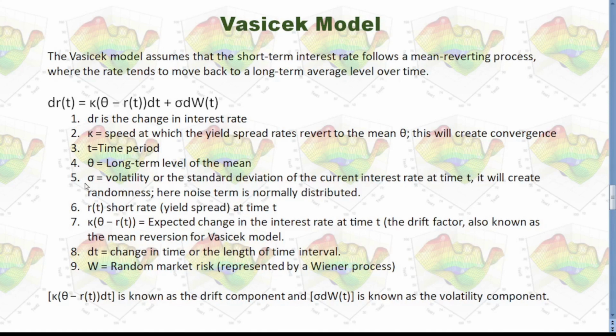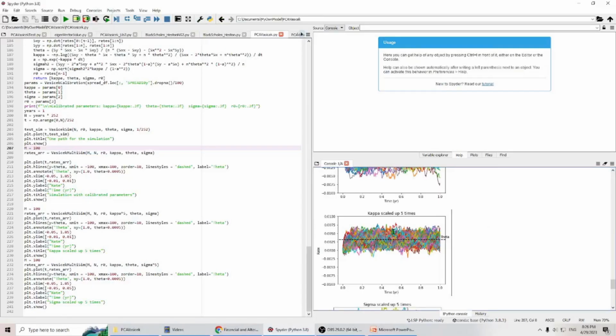Let's check out if we change kappa or sigma, what kind of impact it will have on our Monte Carlo simulation. If we scale up kappa by 5 times, remember kappa means the speed at which the interest rate reverts to the long-term mean, the graph will look like this, compared with the original graph.